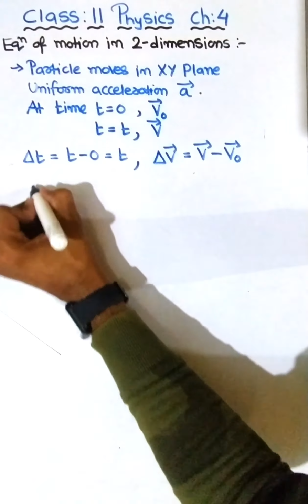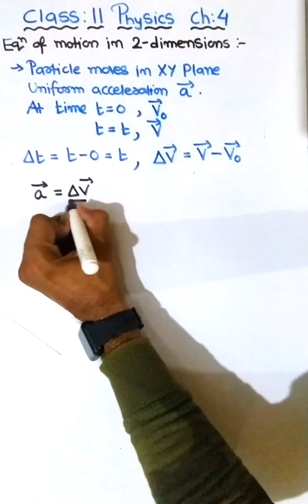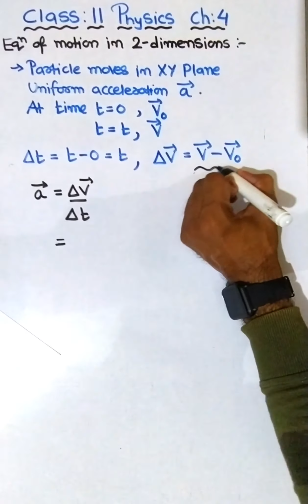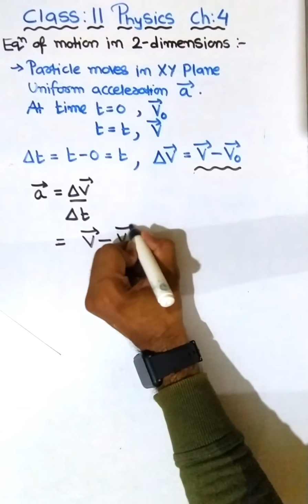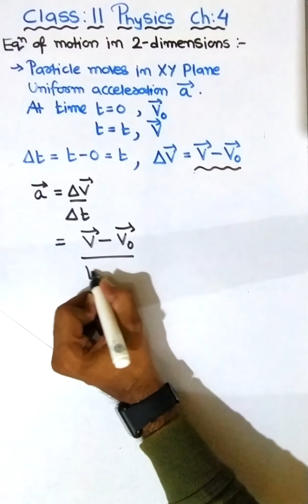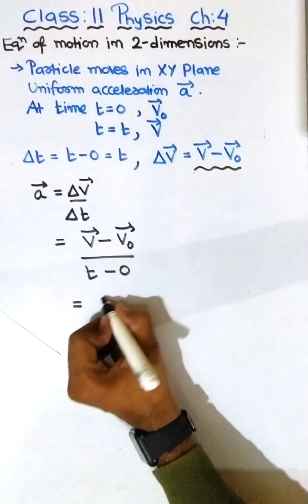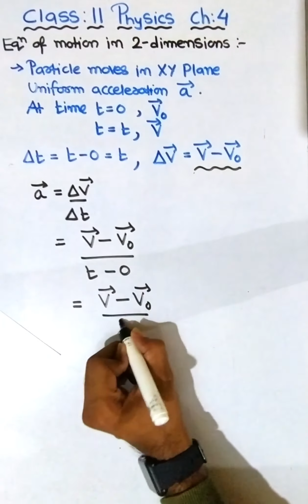So now let us go for the formula of acceleration. Over here acceleration a vector will be delta v upon delta t, and putting the values of delta v, that is v minus v0, upon t minus 0. So that will become v minus v0 upon t.